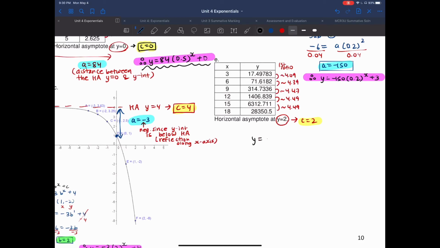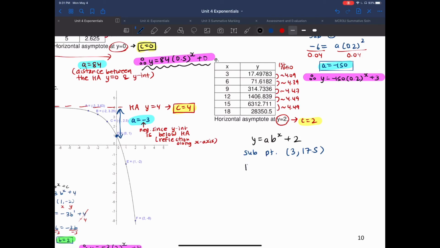So I have y equals a b to the x plus c, and meanwhile the c value is 2. Based on this, I'm going to start plugging in some coordinates because we're given a bunch of coordinates according to our table values. I'm going to sub in the point (3, 17.5), and for now, I'm going to use a rounded value.